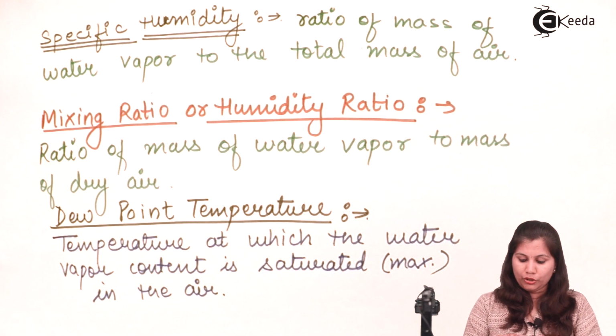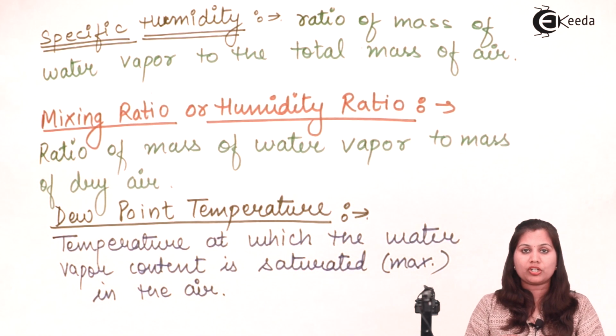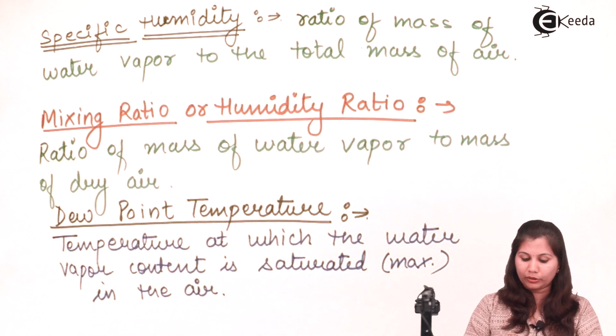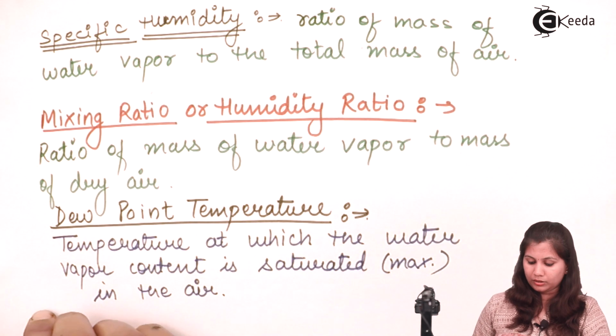So these are some of the terms which are related with the measurement of humidity. Now let us come to the devices or the methods which are used for the measurement of humidity.